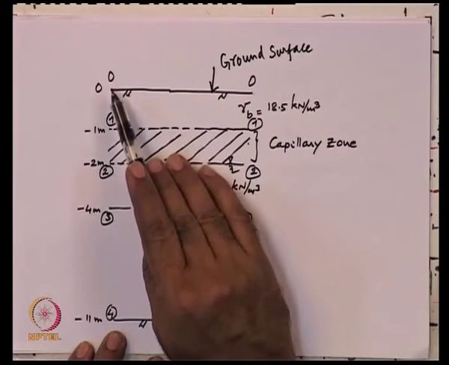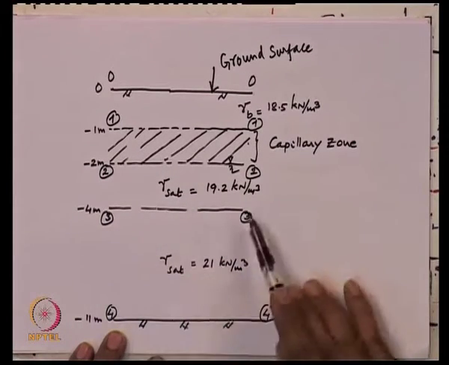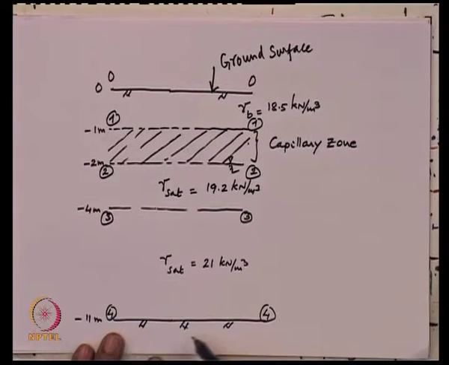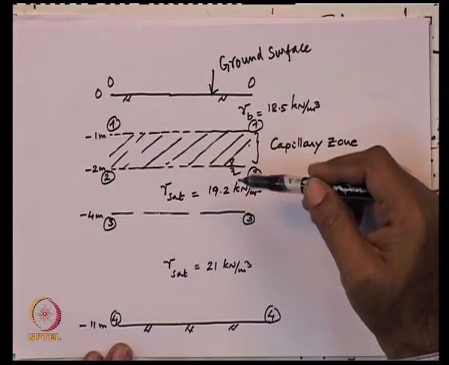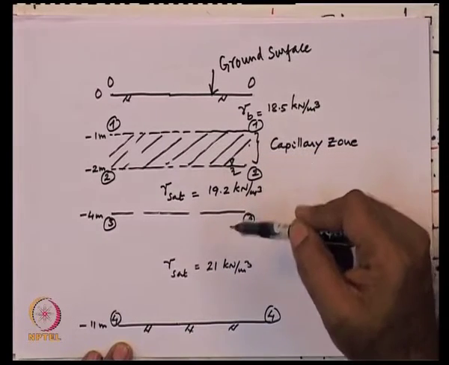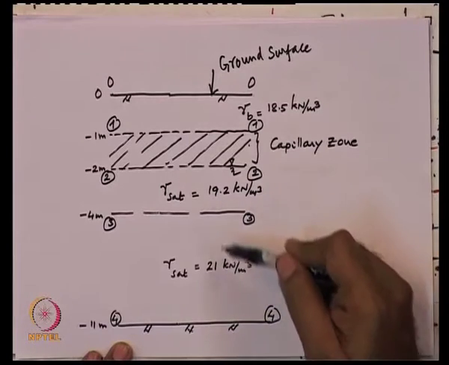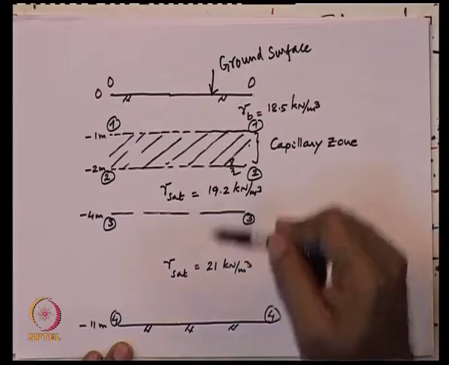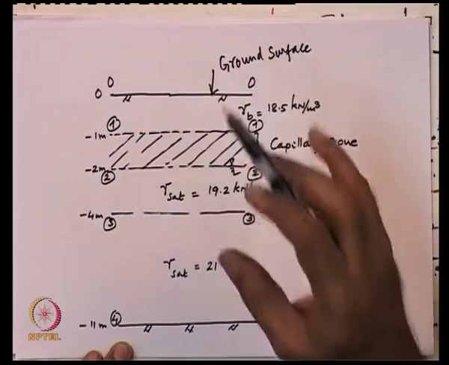We are indicating each level as 0-0, 1-1, 2-2, 3-3 and 4-4. Level 4-4 is the bottom of the strata, at 2-2 there is the groundwater table, and from 3-3 to 4-4 layer 2 starts. Between level 0-0 and level 3-3 there is layer 1.